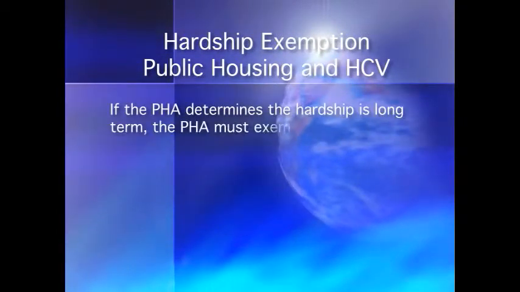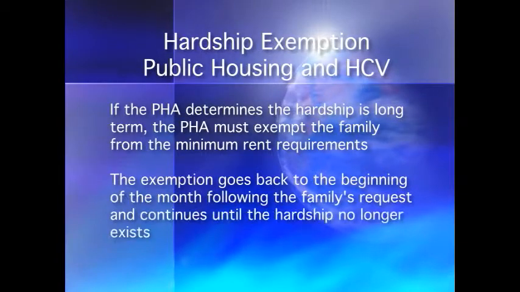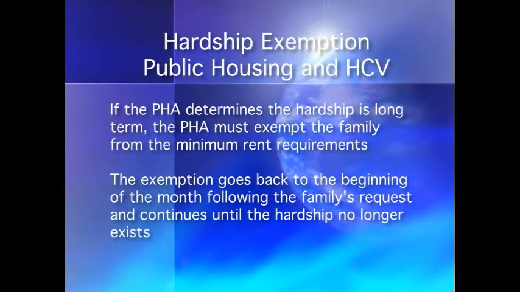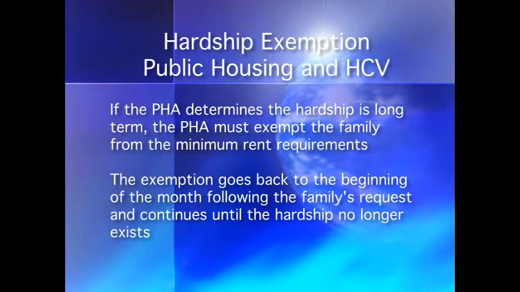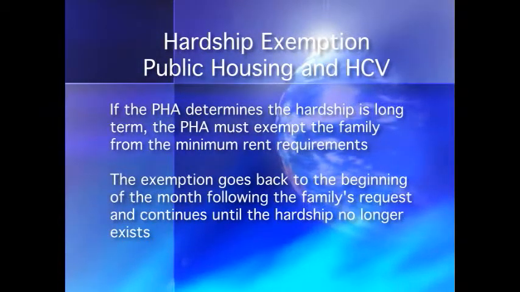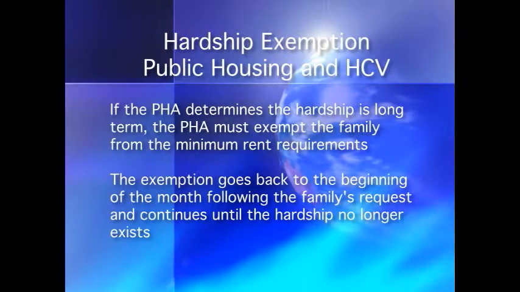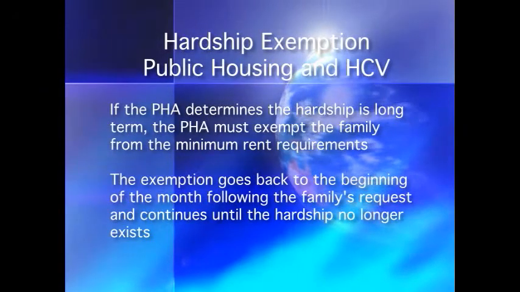If your housing authority determines that the hardship is of long-term duration, you must now exempt the family from the minimum rent requirements. And this exemption goes back to the beginning of the month following the family's request and will continue until the hardship no longer exists, and the family doesn't have to pay you back.